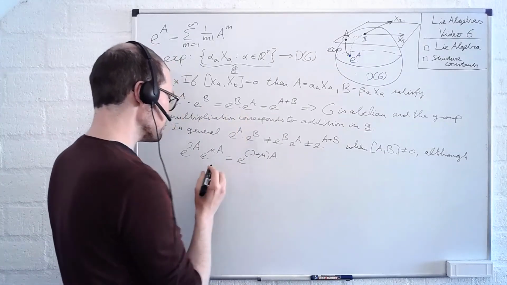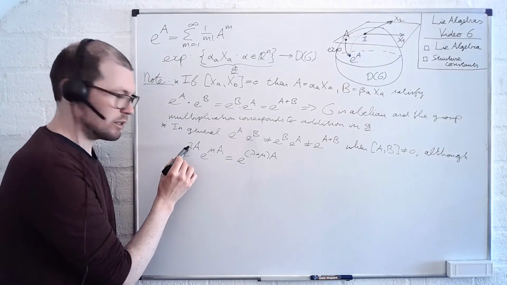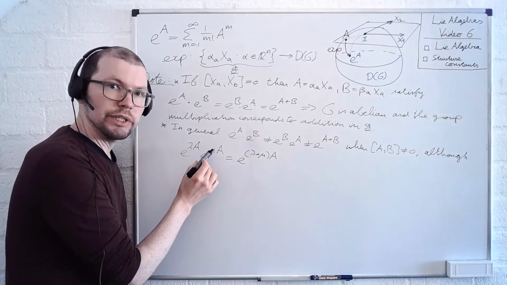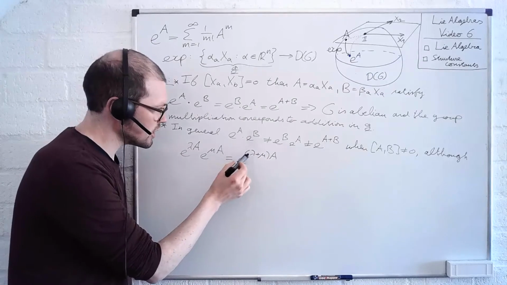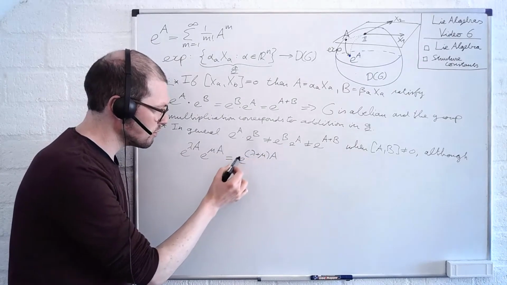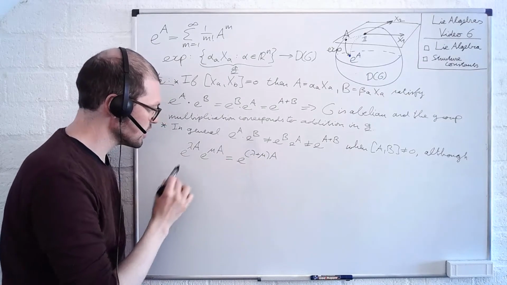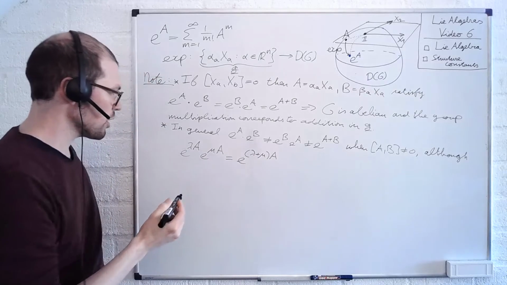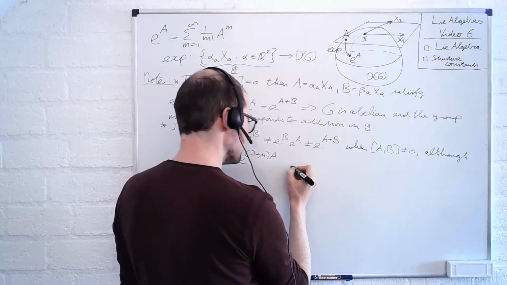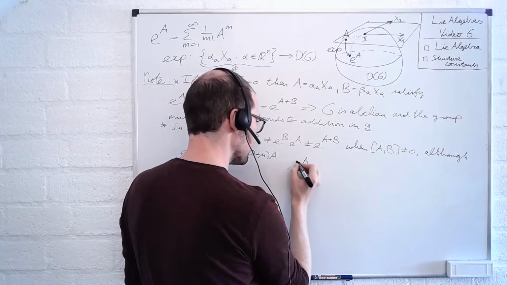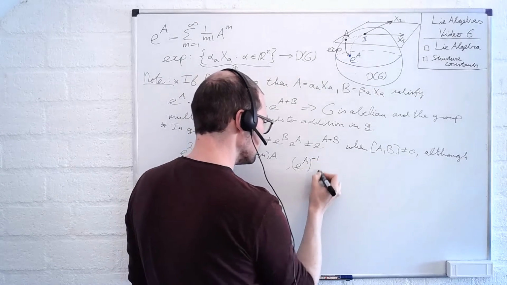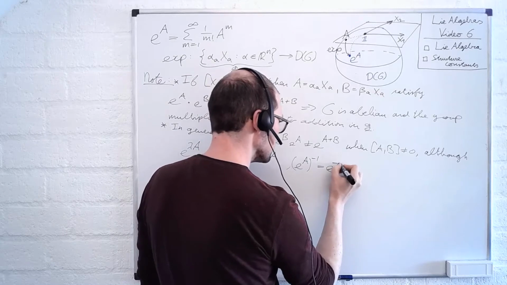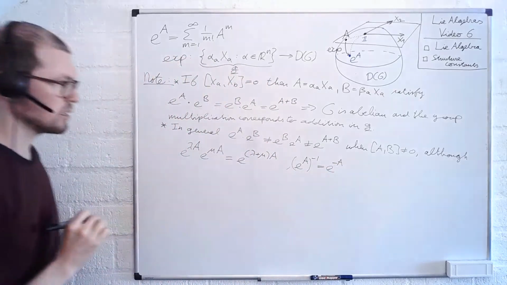And in particular, this means by setting, say, lambda equal to 1 and mu equal to -1, such that the exponent vanishes, so I get the identity matrix, that I find that the inverse of e to the power A is e to the power minus A. So e to the power A inverse element is really e to the power minus A.